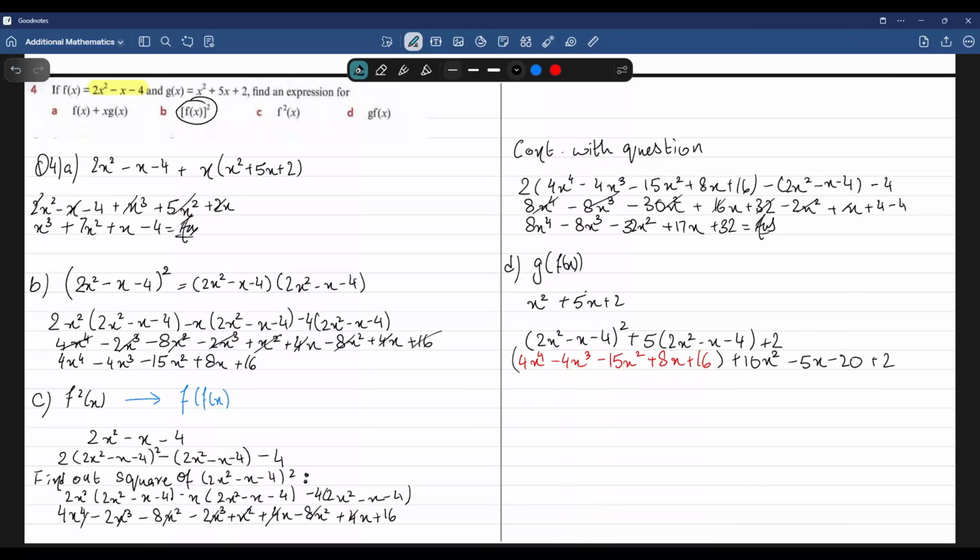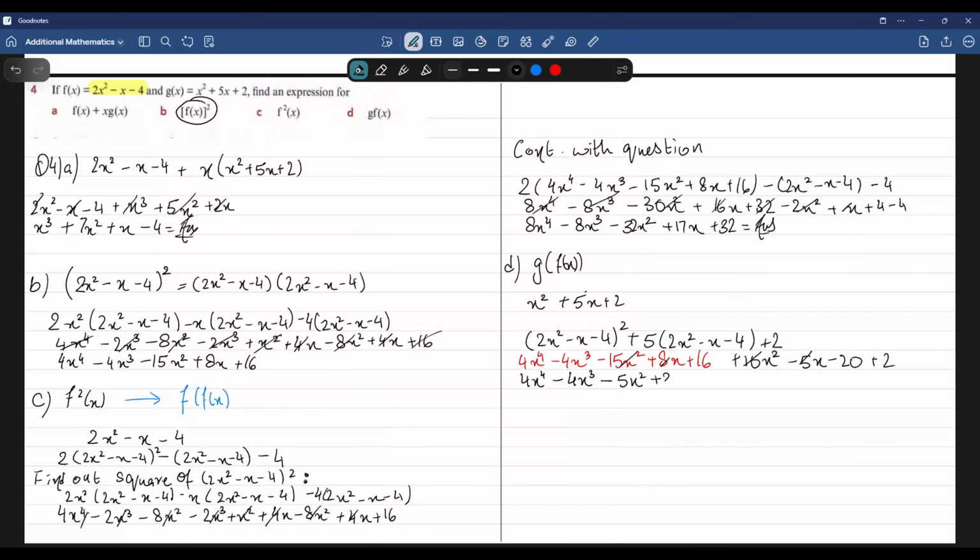I'll simplify this. 4x raised to power 4 is going to be written as it is. In fact, I'm going to just remove these brackets because they're unnecessary right now. So next up, we have negative 4x cubed. That's going to be written as it is. Negative 15x squared plus 10x squared is going to give us negative 5x squared. Plus 8x minus 5x, 8 minus 5 is 3.